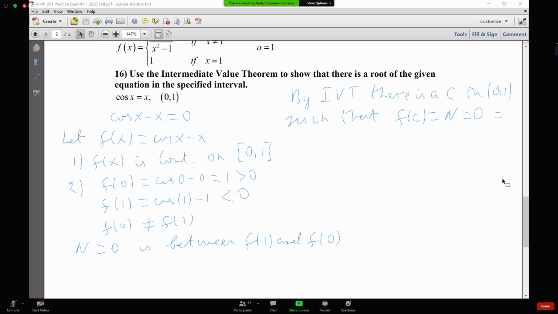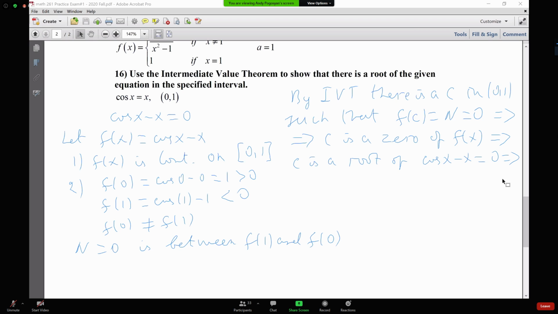But this implies C is a zero of f of x, because f at C equals 0. So that means it's one of the zeros of f of x. This implies C is a root of cosine x minus x equals 0, because that's our f of x, right?